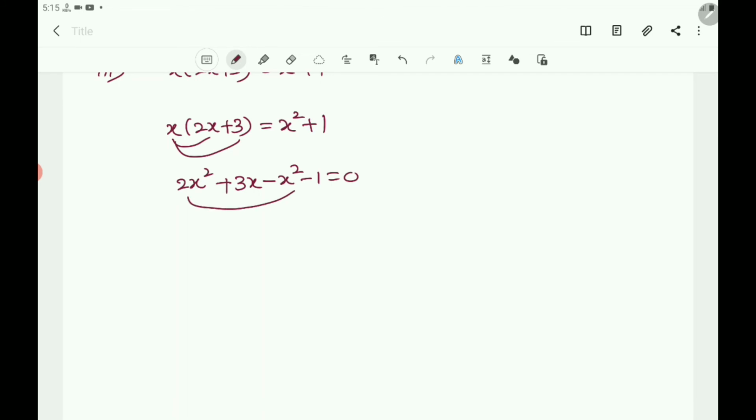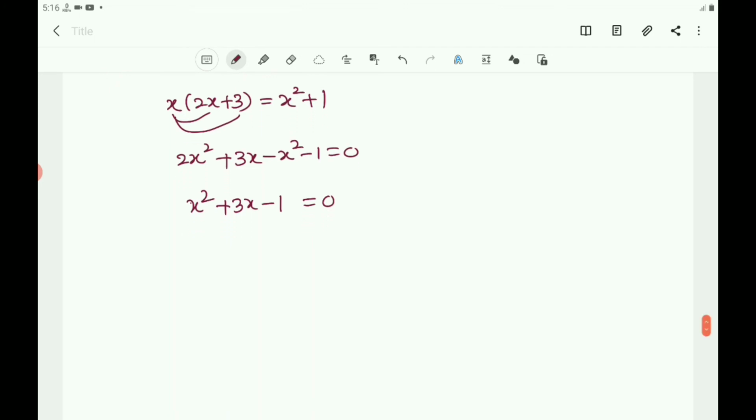Then 2x square minus x square, what are you going to get? 2x square minus x square is x square, plus 3x minus 1 equals 0. Here you can observe that this is in the form of ax square plus bx plus c equals 0. Therefore, it is a quadratic equation, right?